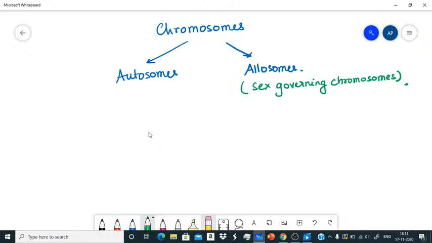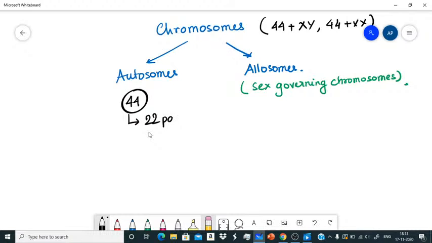Now what are these chromosomes? If we take the example of humans, they have 44 plus XY or 44 plus XX, this kind of arrangement. They have 46 chromosomes, right? So if this is the situation, then autosomes will be the 44 chromosomes which are arranged in 22 pairs. And what are the allosomes? Allosomes will be the X chromosome and the Y chromosome. Now are we clear till now? Okay, are we clear till this?